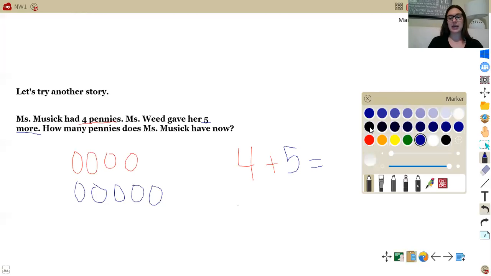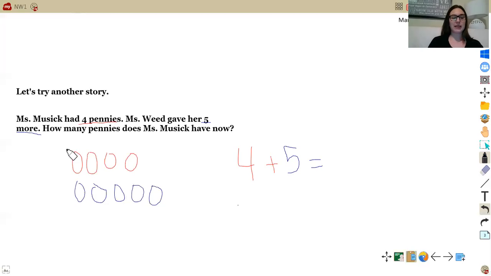And just like we always do, I'm going to go ahead and start off with my labels. 1, 2, 3, 4, 5, 6, 7, 8, 9.